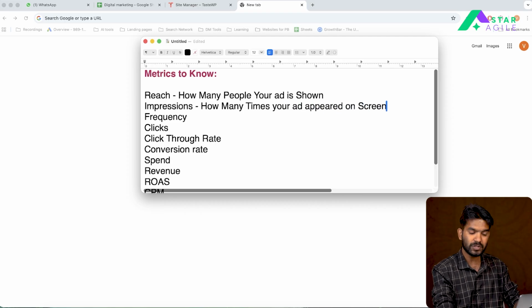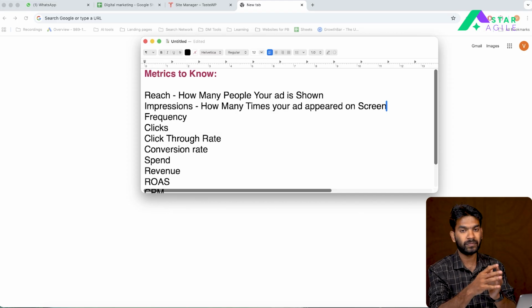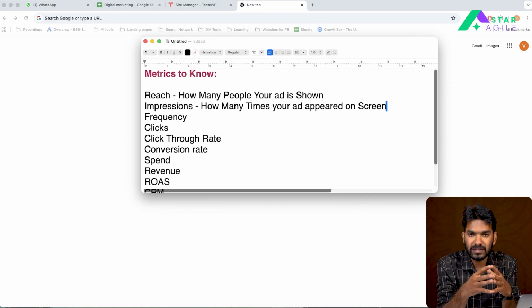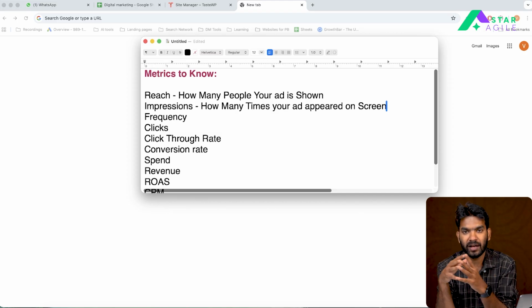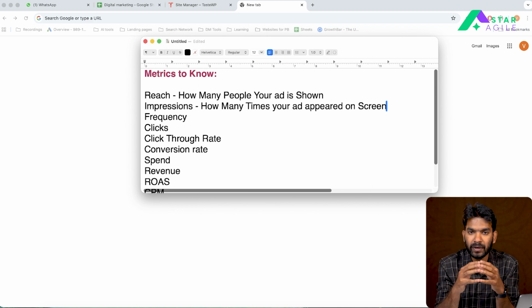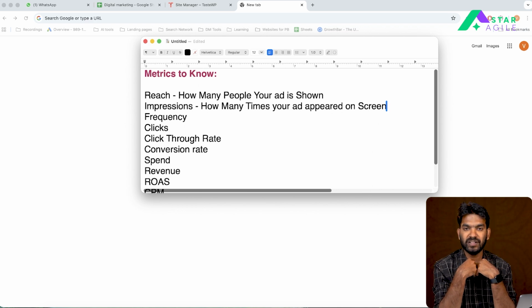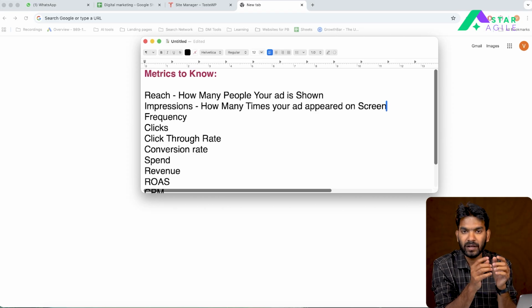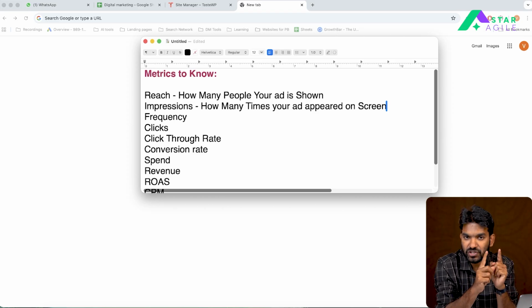So what is the difference between reach and impression? Consider there is a person Raj and a second person Ram. If you are publishing an ad as an advertiser, first the ad is shown to Ram: the number of people reached is 1, the number of impressions is 1.